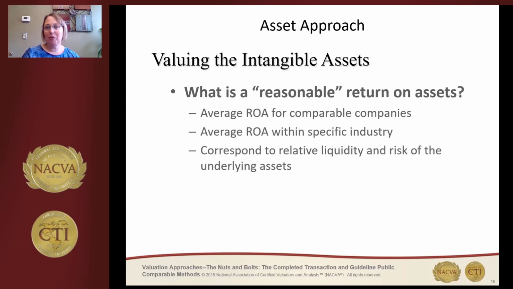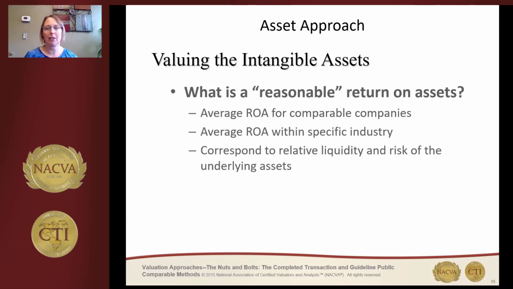And what's a reasonable return on assets? We talked about this the other day, right? Part of that is what does the investor want to receive? Average return on assets for comparable companies is a place to start. Average return on assets within a specific industry is another great place. And it corresponds to relative liquidity and risk of the underlying assets. And what risk is that investor willing to take? But for our purposes, we can't just randomly state what an investor wants.